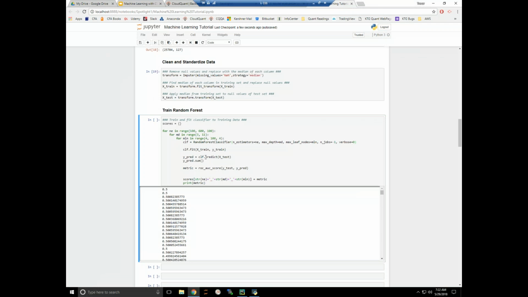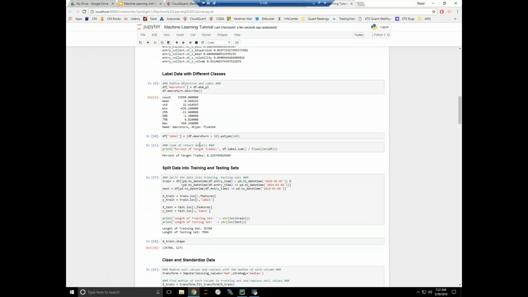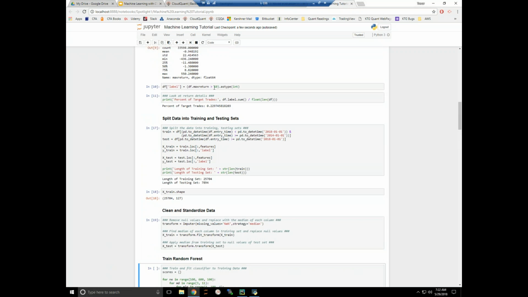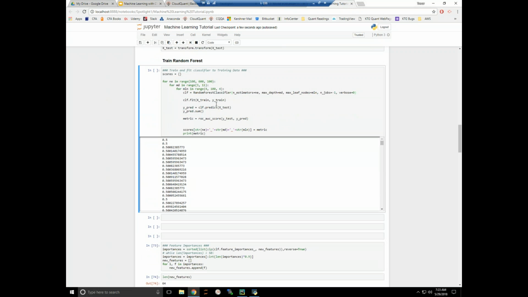We can either call clf.predict, which is a function in the random forest class, and that will give us a 0 or 1, which basically matches our binary label that we set up here, and that is just going to predict whether each one of these trades is going to be good or bad based on what we defined as good or bad up here. What negative log loss will do is we would actually call predict_proba, and it would predict the probability of that trade being good or bad. So negative log loss actually takes into account that probability, and like I said, will penalize predictions that it was very confident on but got wrong.